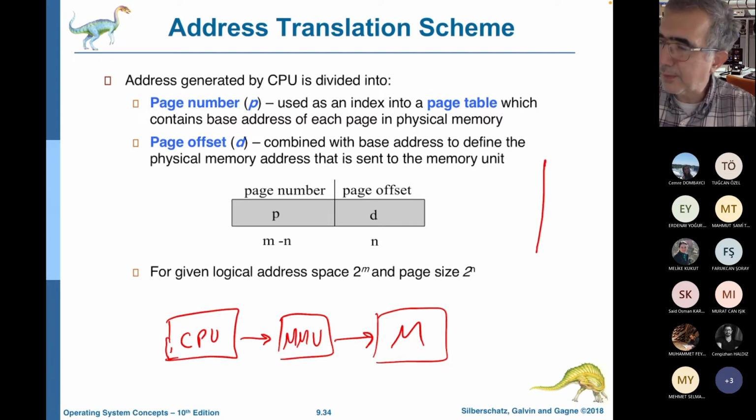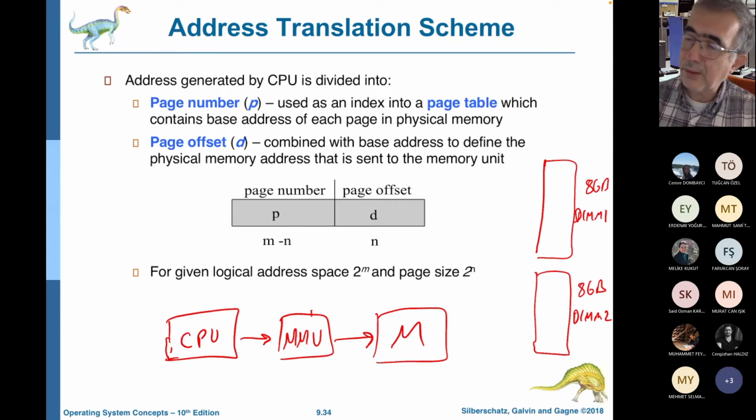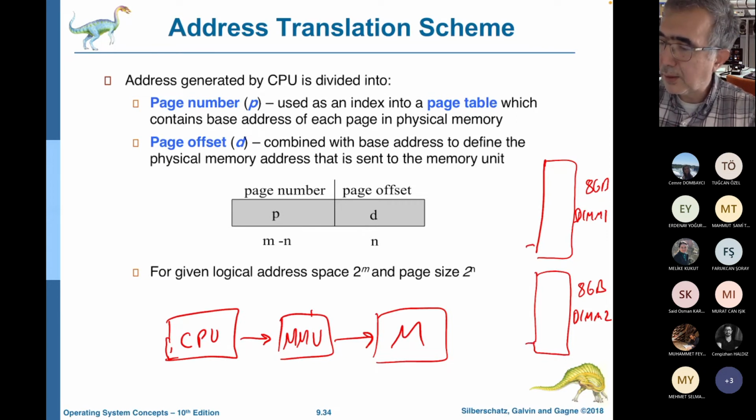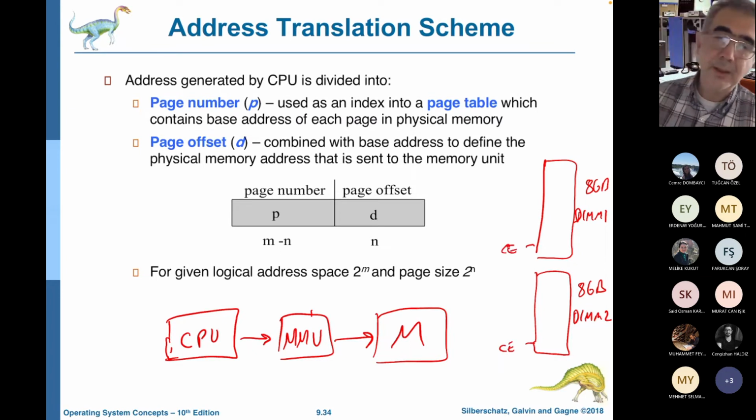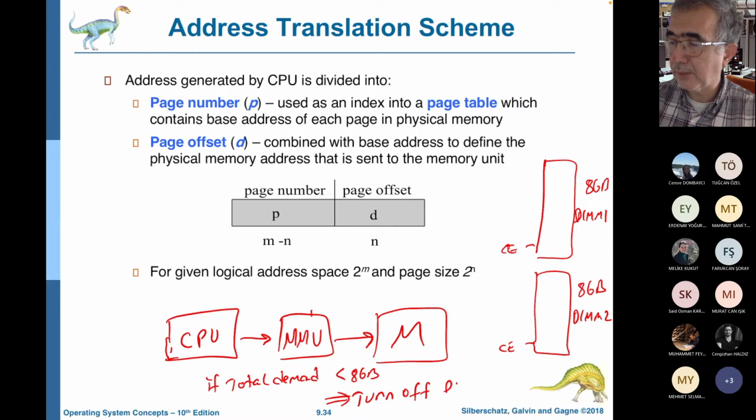Furthermore, when you have big memory as 2 chips, such as this is DIMM1, this is DIMM2, for example, 8 GB and another 8 GB, 2 different chips of 8 GB banks, the memory management unit works in conjunction with the chip enable ports of the memories, so that if your total demand is less than 8 GB, it turns off DIMM2.